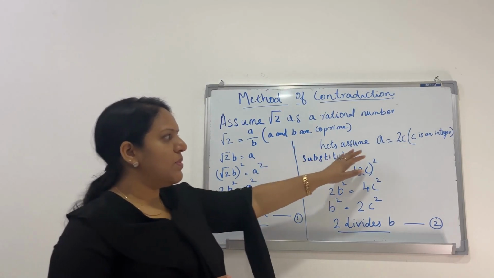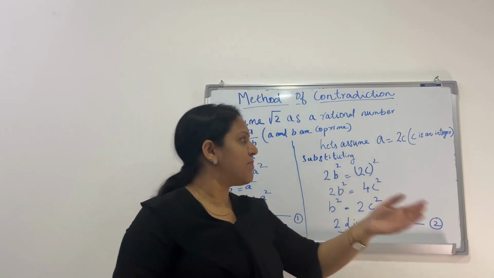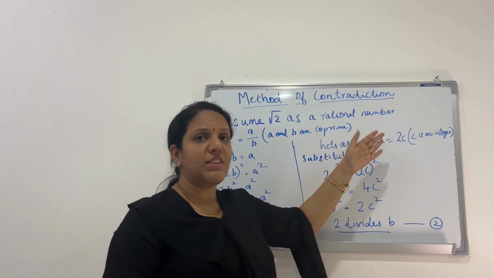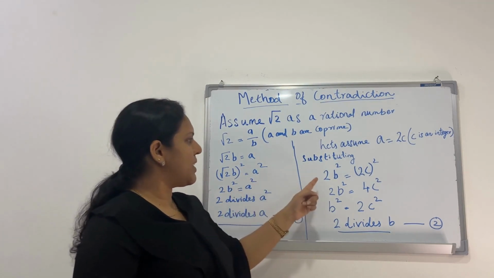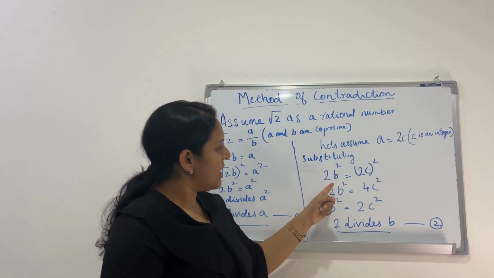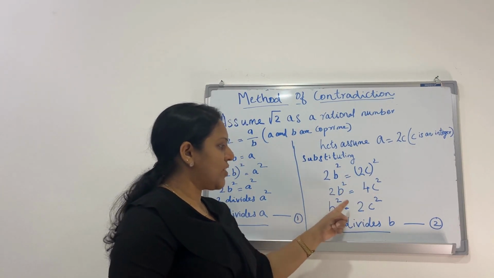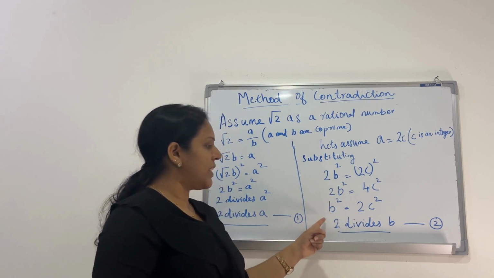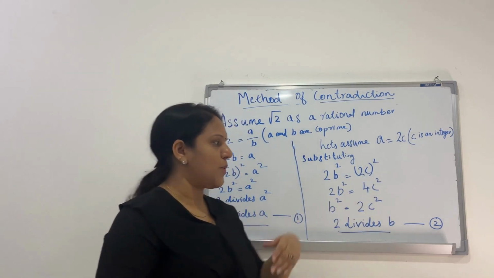Let's assume a is equal to 2c, where c is an integer, and substituting the value of a in the first equation, we will get 2b square is equal to 2c whole square. Simplifying, it is 2b square is equal to 4c square, where b square is equal to 2c square, and we can say that if 2 divides b square, then 2 divides b also.